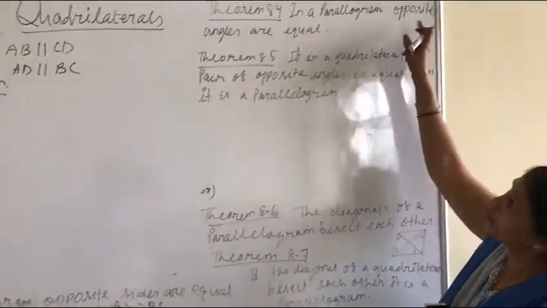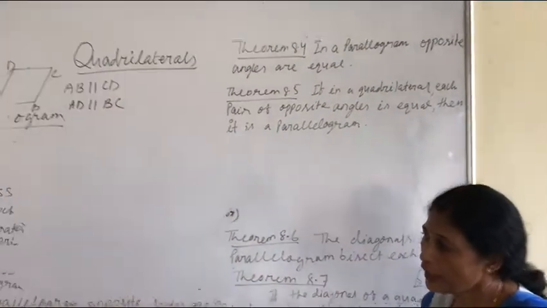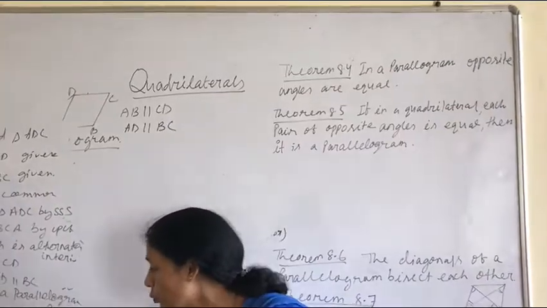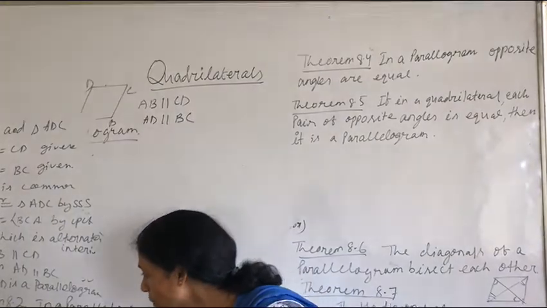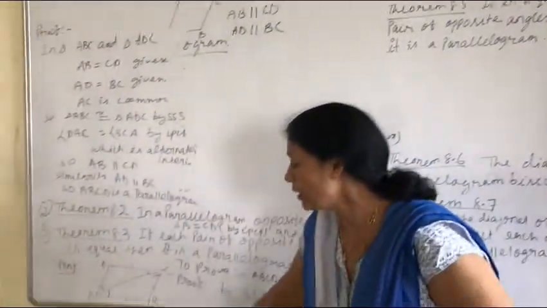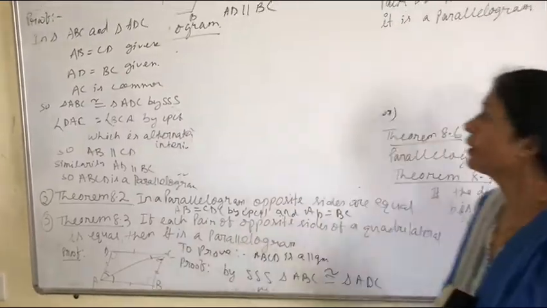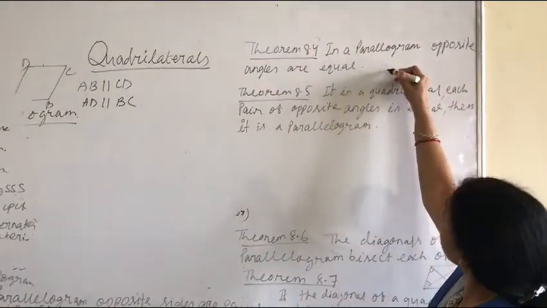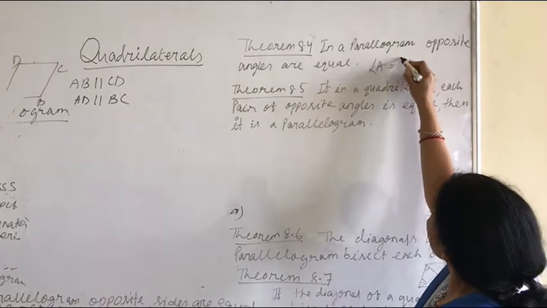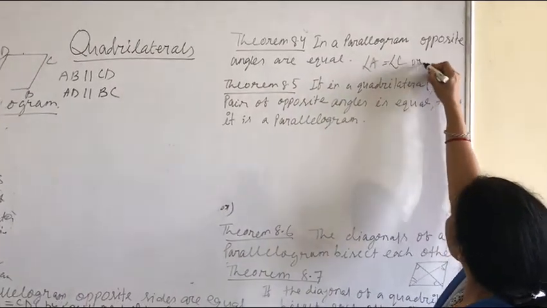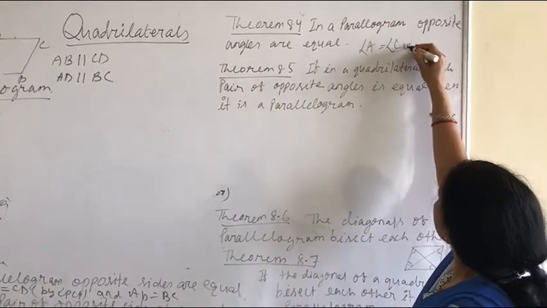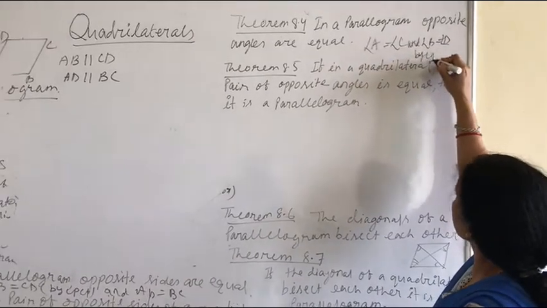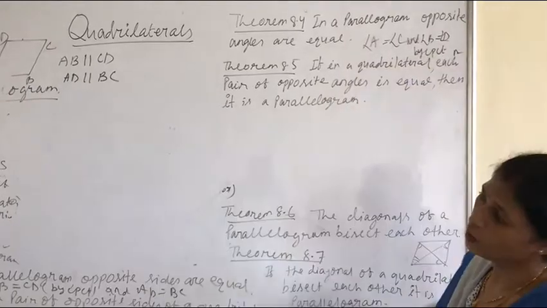In a parallelogram, opposite angles are equal. Suppose it is a parallelogram, you have to prove congruence. Then by CPCT, angle D is equal to angle B, angle A is equal to angle C, and angle B is equal to angle D. Proved.